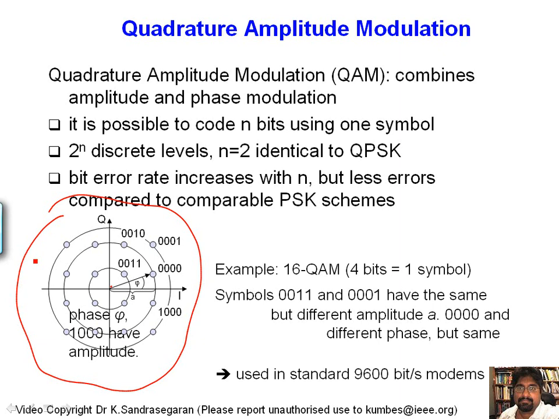Now sometimes in wireless communication systems, you might initially start off with a modulation scheme like QAM, where you're able to transmit maybe 4 bits per symbol. But if the transmission medium becomes very poor, then you might drop down to 8 PSK.